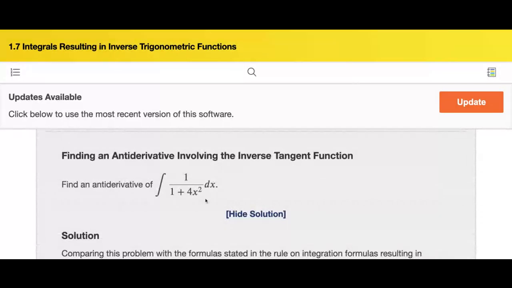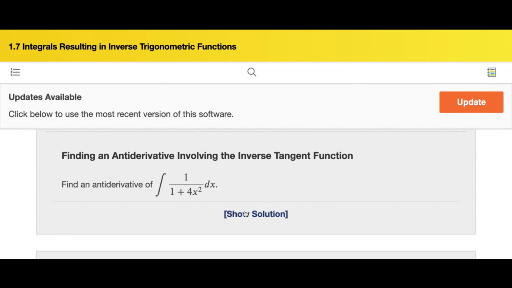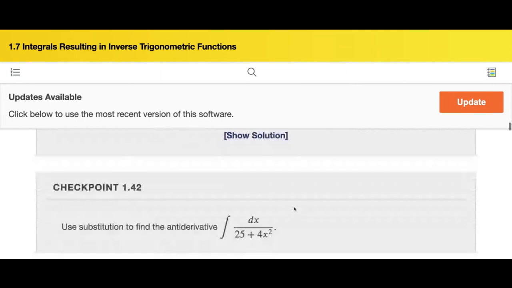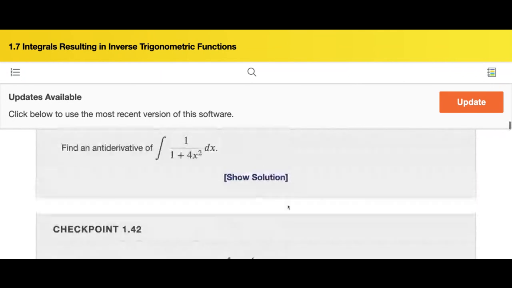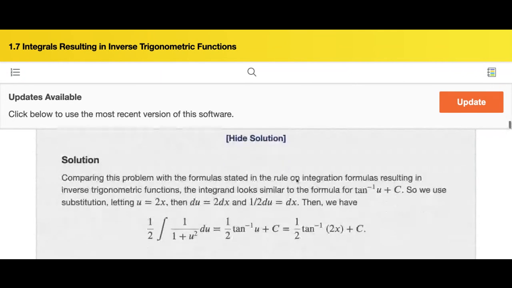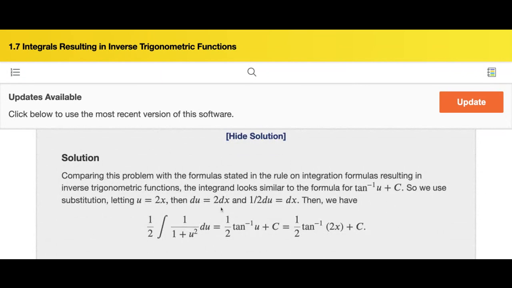Okay, arctangent. Here we have 1 over 1 plus (2x) squared. So a is 1, u is 2x. So we let u be 2x. Then du equals 2 dx, or dx equals half of du.